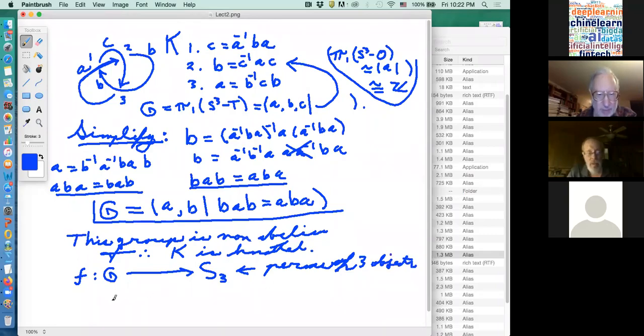And this is a very simple representation. We're going to take A to the following permutation. I'll draw it diagrammatically. Interchange 1 and 2 and leave the third one alone. And B will go to leave the first object alone and interchange 2 and 3.